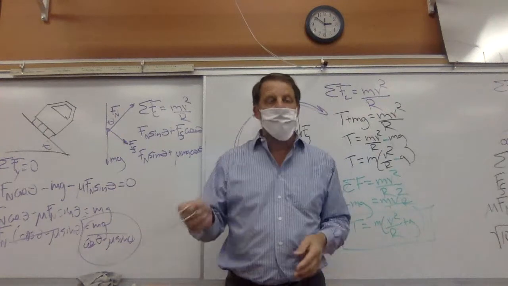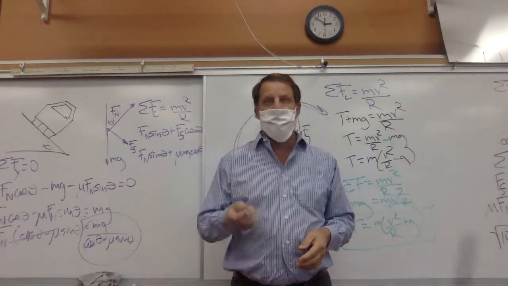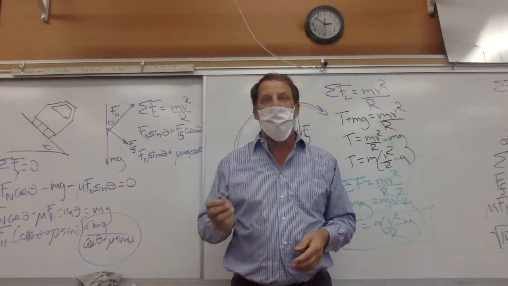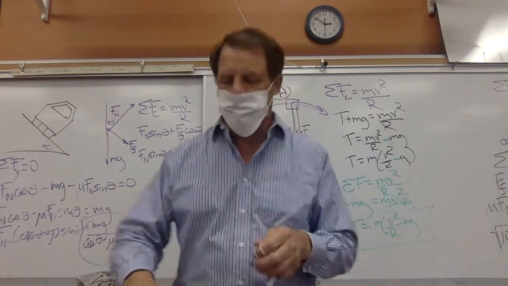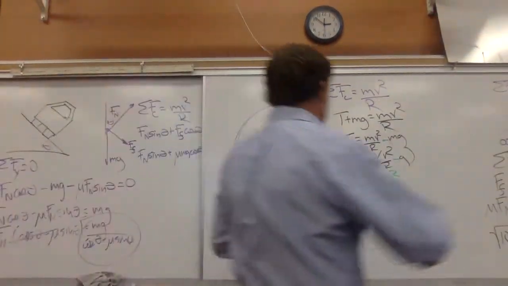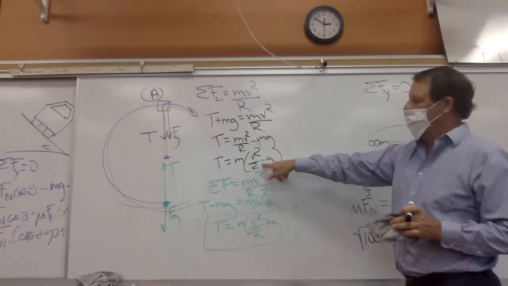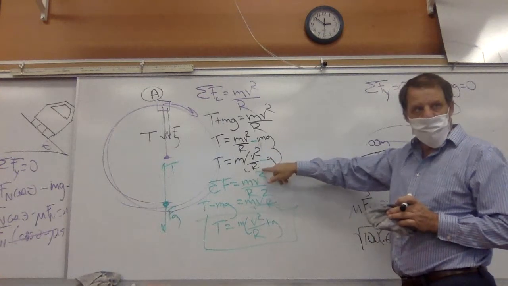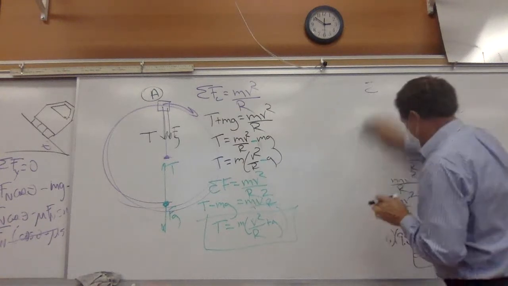So what is that minimum velocity that we can go and still make it around in a circle? We're going to talk about the tension at the top here.